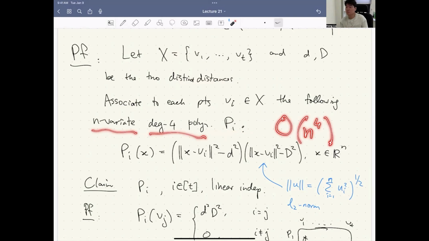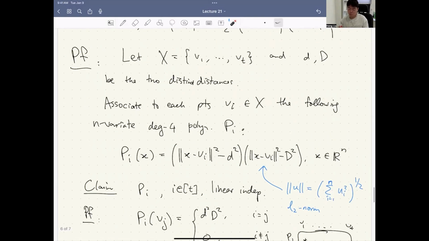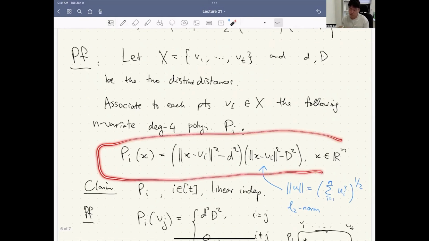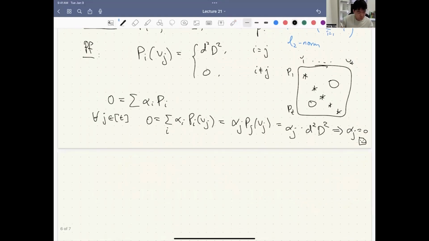Something like this. But that's quite far from where we're at. We need to get a quadratic bound. So we need a more economic way of spanning these sort of polynomials. Okay, so let me write it down.